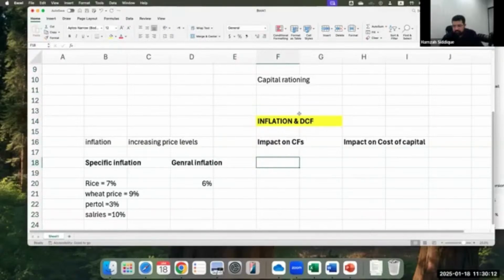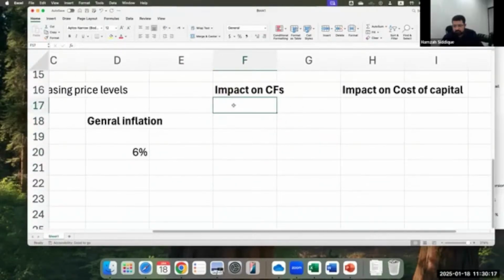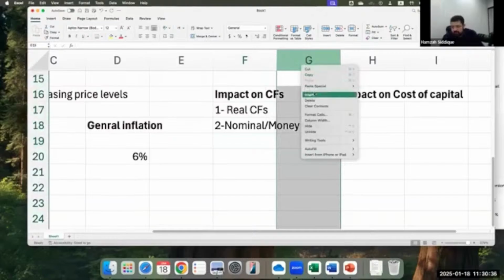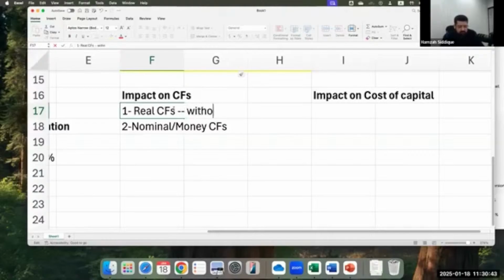Now, when we talk about impact on cash flows, cash flows are of two types. One is real cash flows, the second is nominal or money cash flows. Real cash flows are those without the impact of inflation.